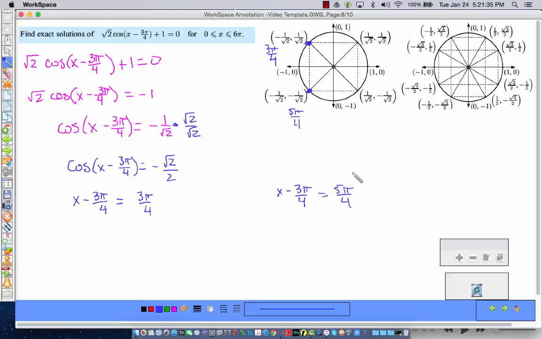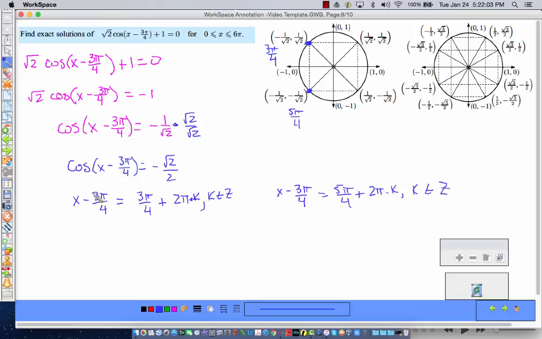And just like we talked about before, we have to account for going backwards and forwards in multiples of 2 pi. Okay, so we do that by saying plus 2 pi times k, an element of the integers, 5 pi over 4 plus 2 pi times k, an element of the integers.